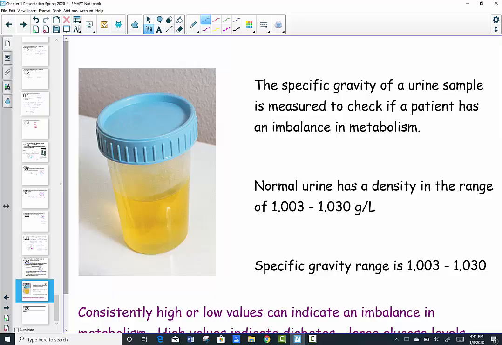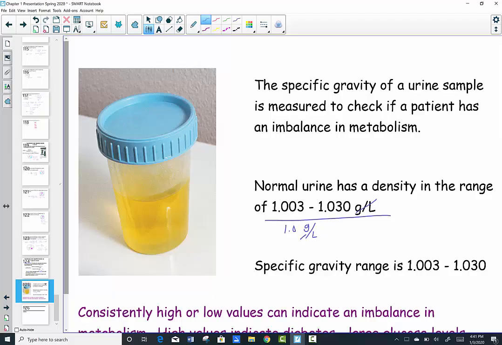The specific gravity of urine, for example, is measured to check if a patient has an imbalance in their metabolism. A normal urine range has a density in the range of 1.003 to 1.030 grams per liter. Notice it has the exact same specific gravity range because we're simply comparing these numbers to that of water.